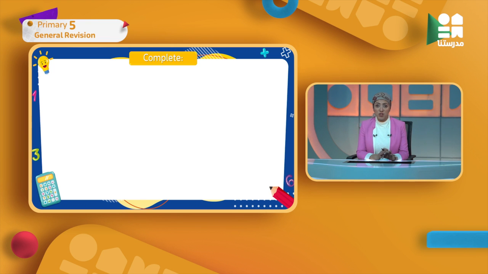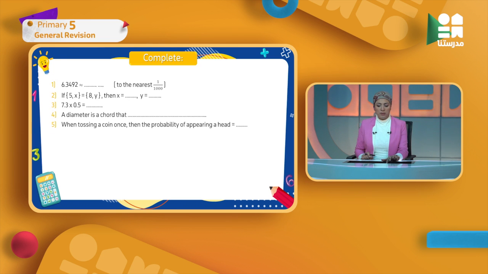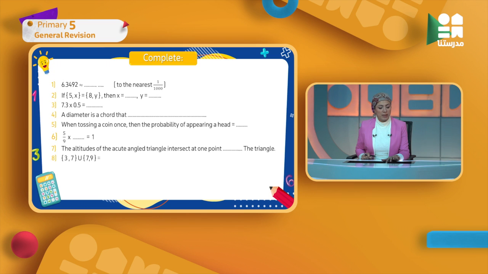Now another question, complete. Number 1, 6.3492, and I want to approximate it to the nearest 1 over 1000 or to the nearest thousands. هنا ال thousands digit is the 9.